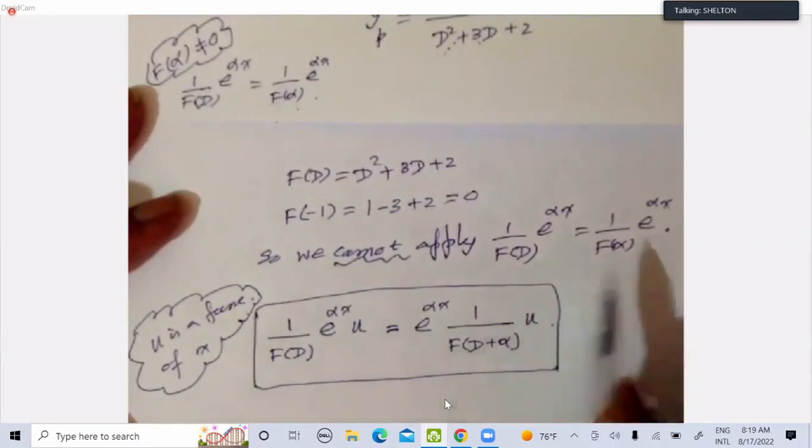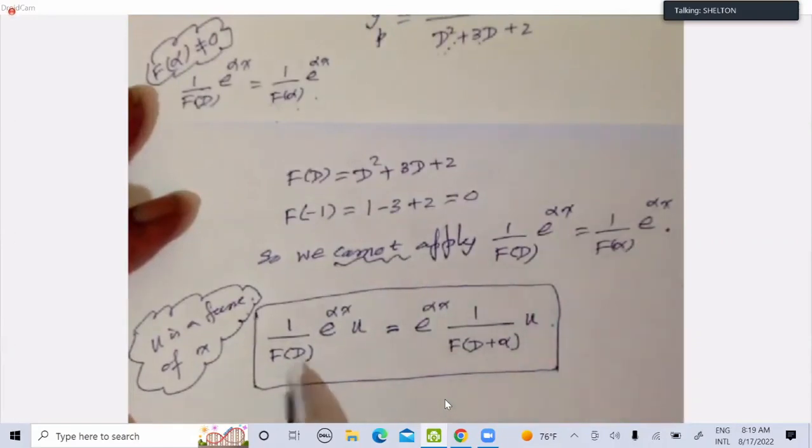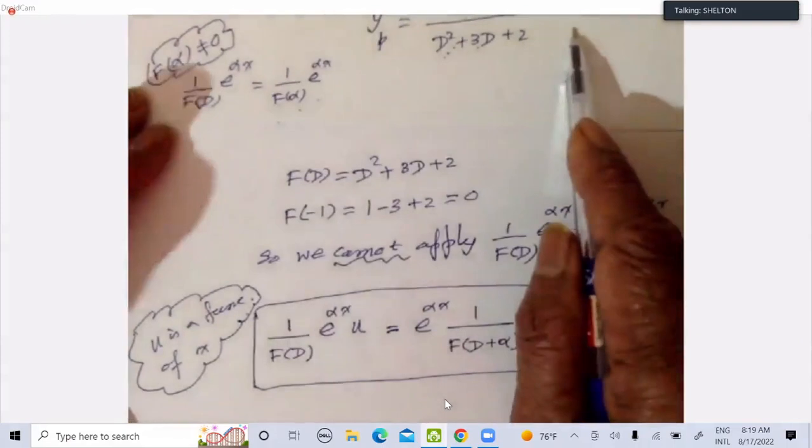Now, we are applying e to the alpha x times 1 over f(D plus alpha) u. Now go to this one.